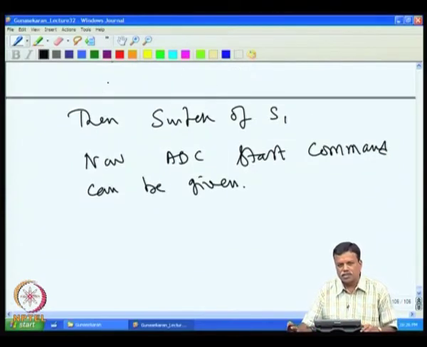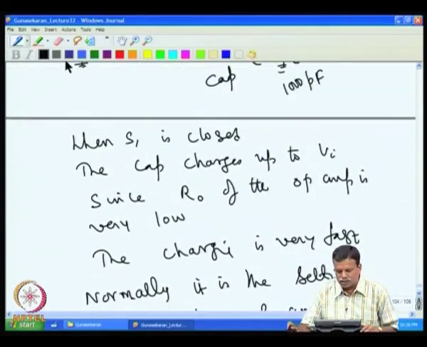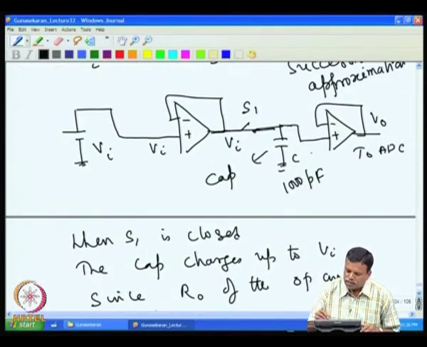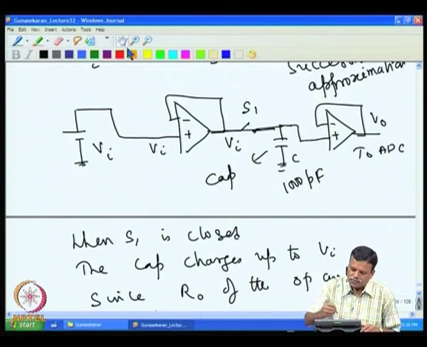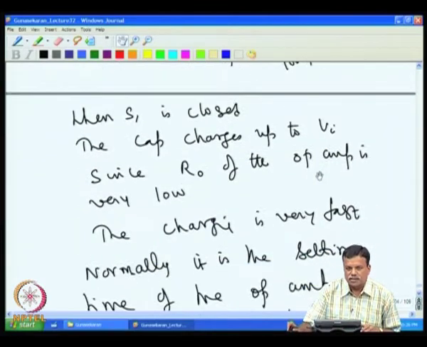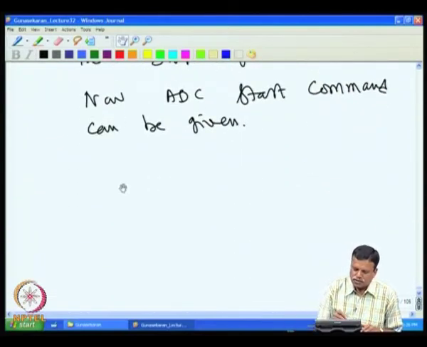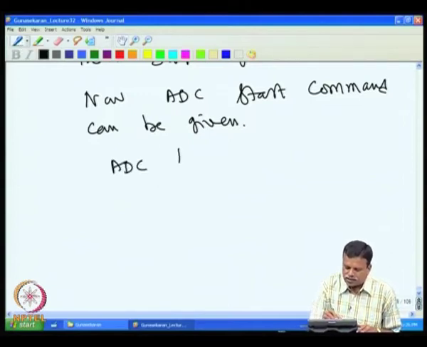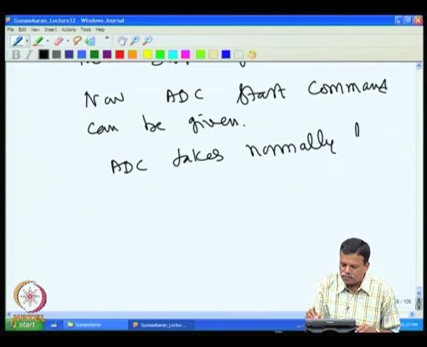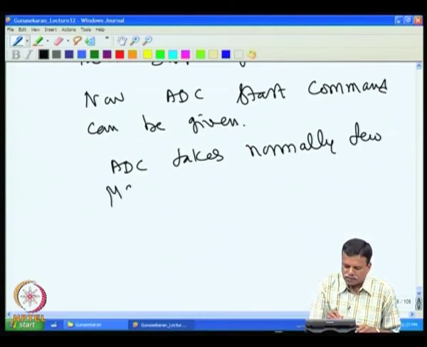During the conversion, the voltage on the capacitor should not come down, because if the capacitor is too small, the input resistance of the op amp discharges it. So during the conversion time the capacitor should not lose too much charge. The ADC normally takes a few microseconds for conversion.